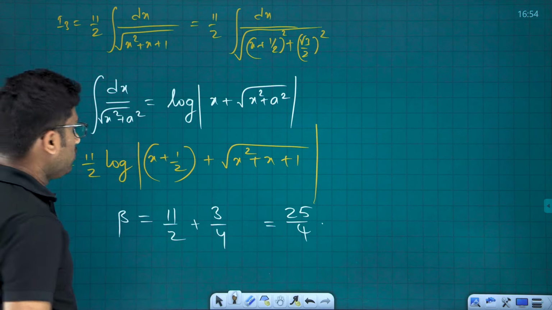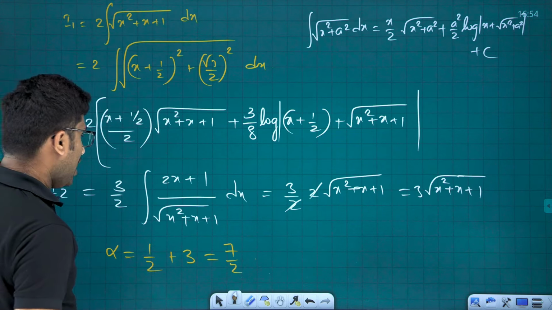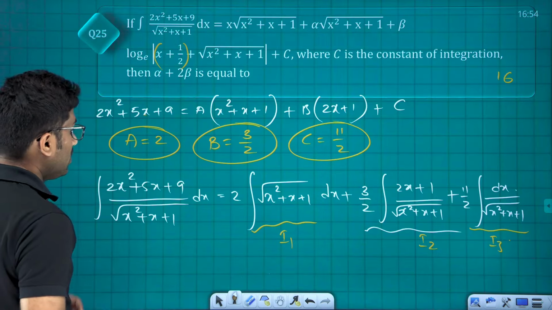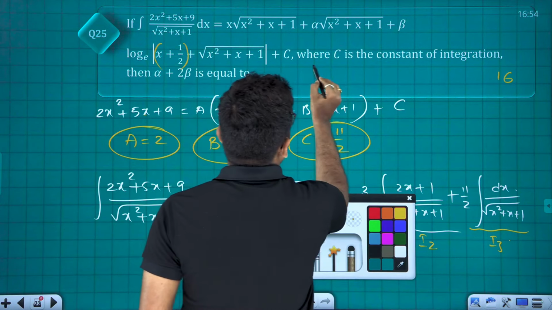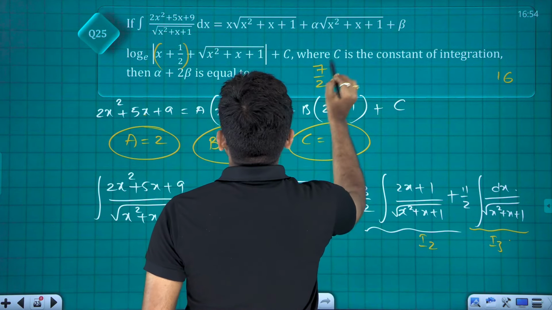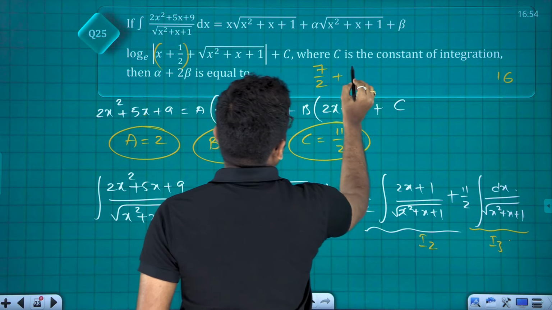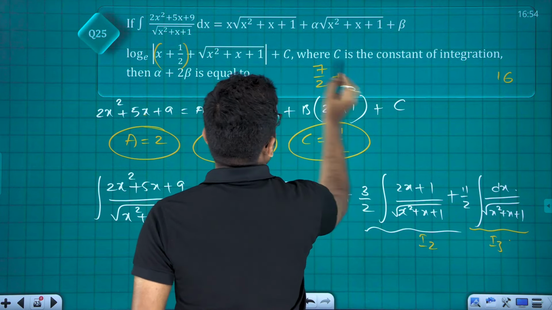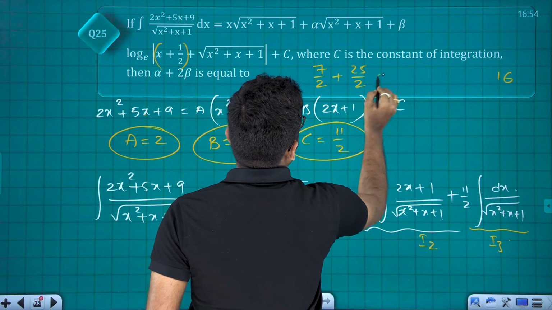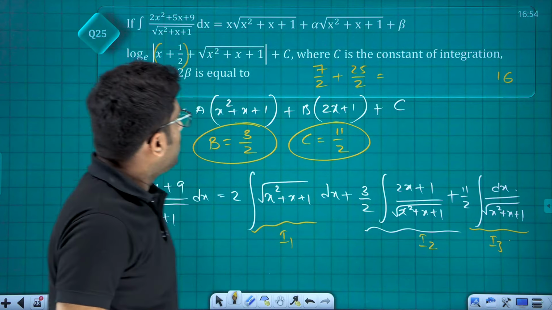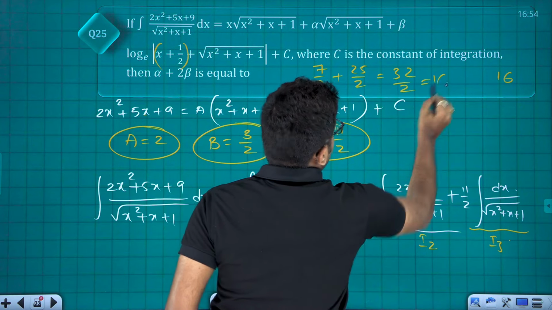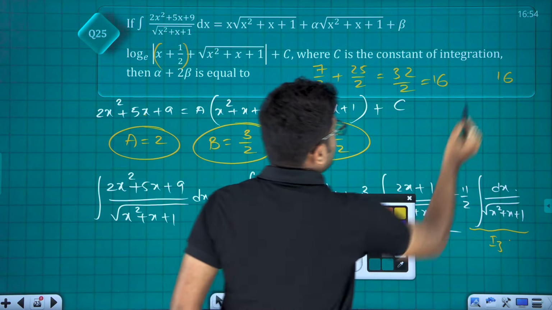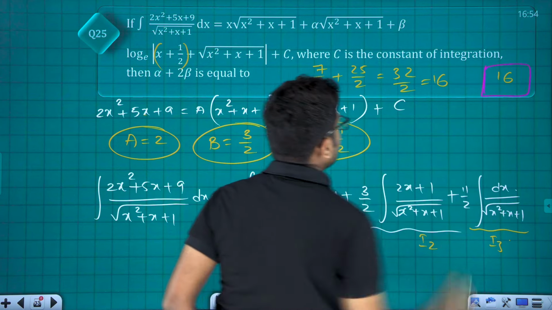So beta is 25 by 4, alpha is 7 by 2. 2 into 25 by 4 is 25 by 2, so 25 plus 7 is 32 by 2, which is equals to 16. Yes, we have got the correct answer. The answer is 16, friends.